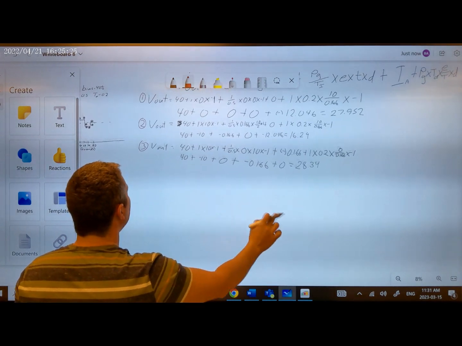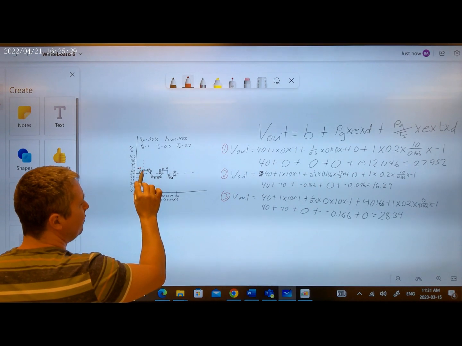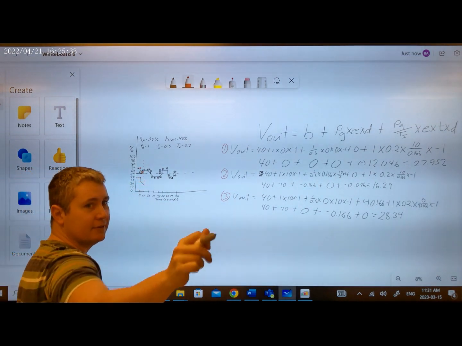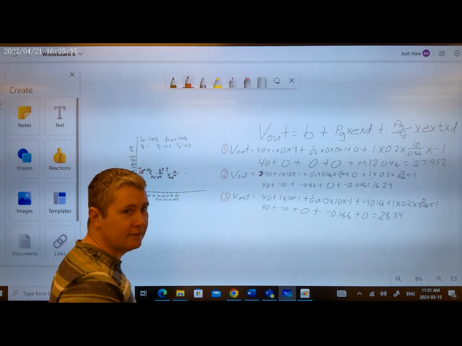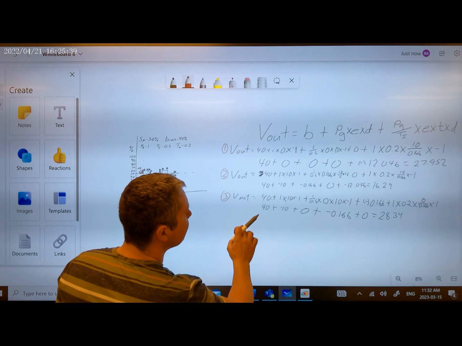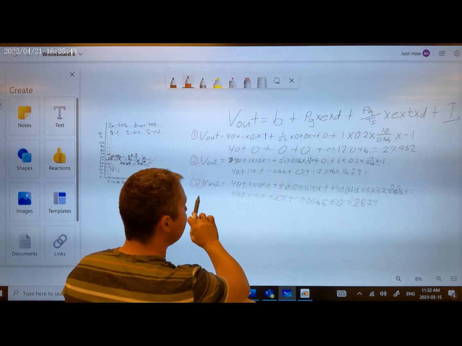Okay, so now that was point 3. So now we're traveling along the plane of the top. The integral should be 1.66, not 0.166. Yes, thank you.